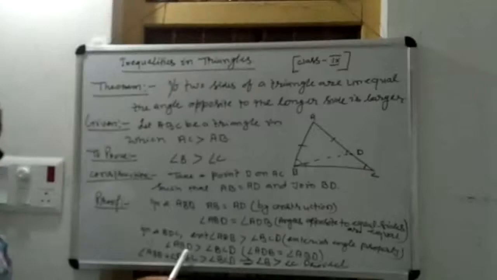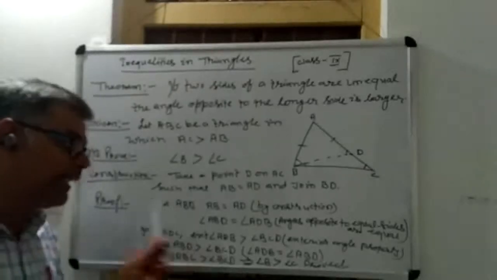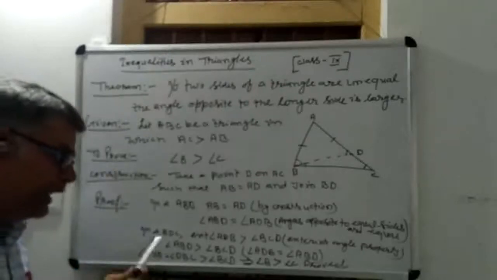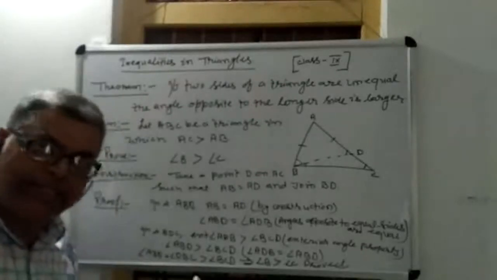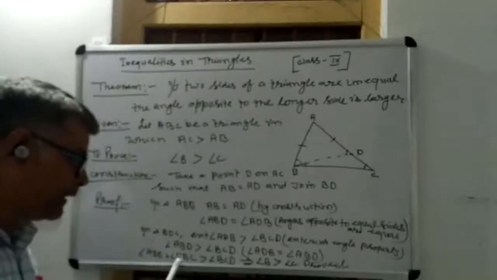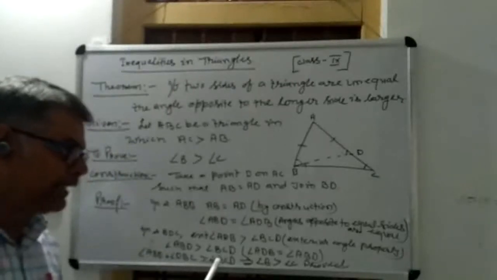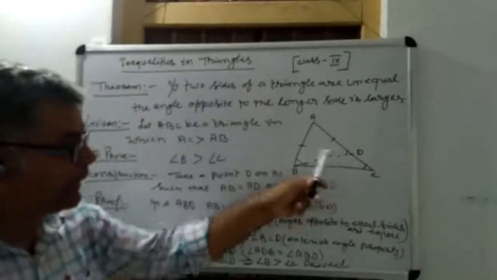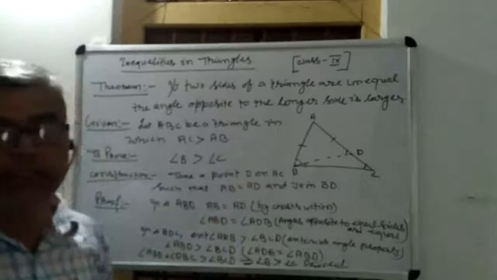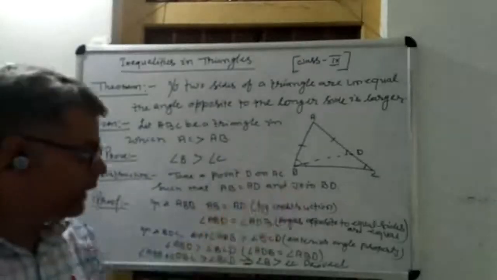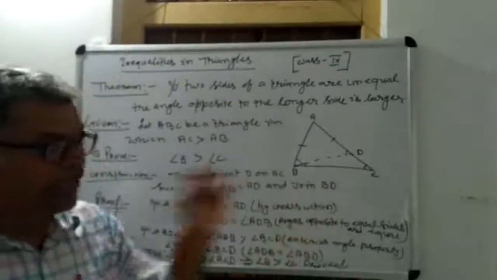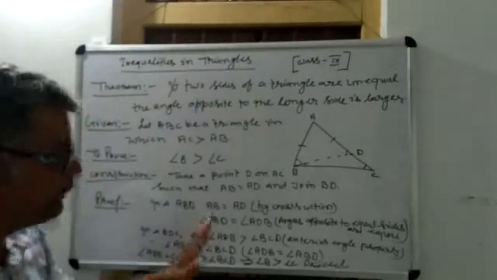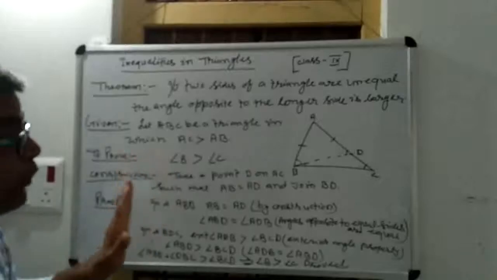When you add something on the LHS part, it must be greater than. So angle ABD plus angle DBC will be greater than angle BCD, and the sum of angle ABD plus angle DBC will become the complete angle B, and this complete angle B is greater than angle C, and hence your property is proved. So this is a very important property.